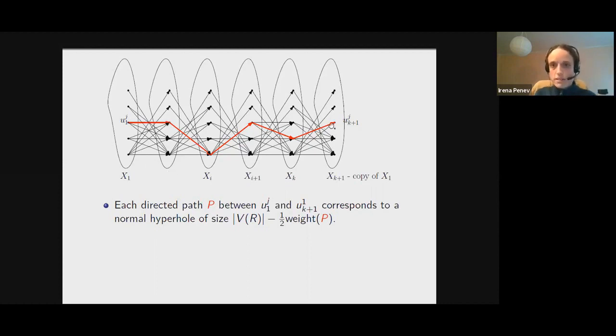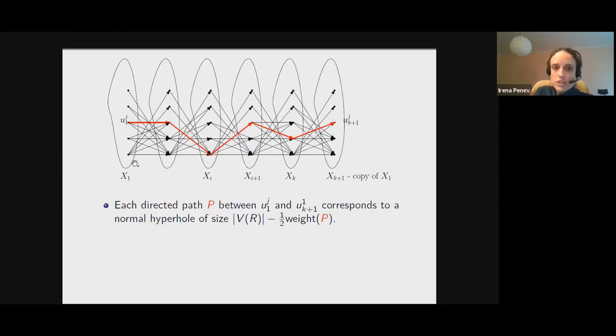And then that's it. And this is just the copy. So you get a normal hyperhole. Now, what's the size of that hyperhole? Well, if you just think about it for a minute, what you see pretty easily is, because of the way that we defined our weights, the size of this hyperhole is precisely the number of vertices in the ring minus 1/2 of the weight of this path.